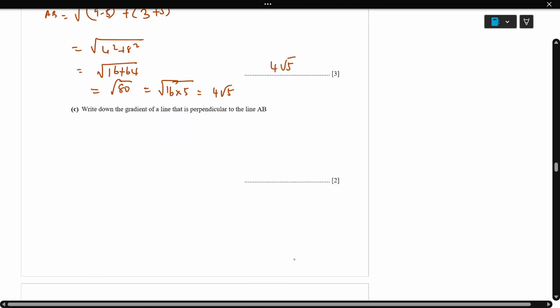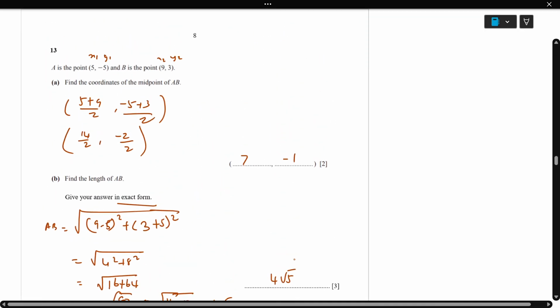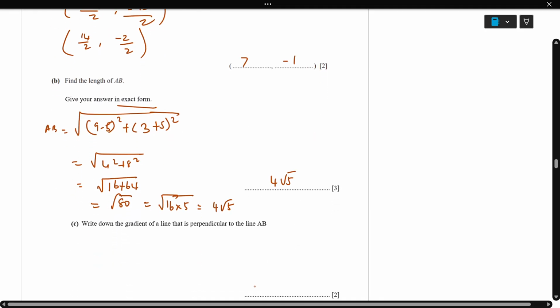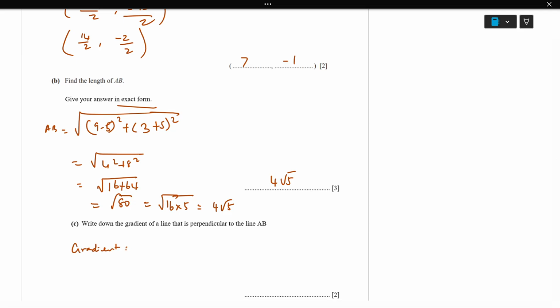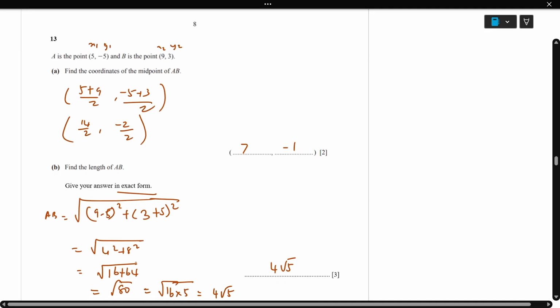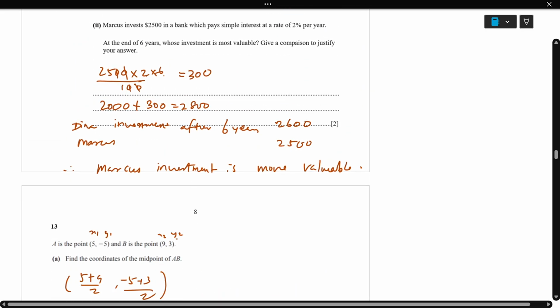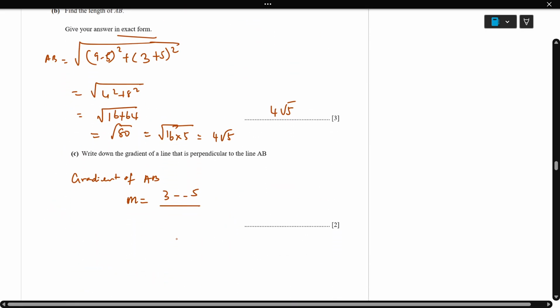Next, write down the gradient of the line that is perpendicular to the line AB. First, we need to find the gradient of AB. So we'll write m equals change of y over change of x. Change of y is 3 minus of minus 5, over change of x, which is 9 minus 5.